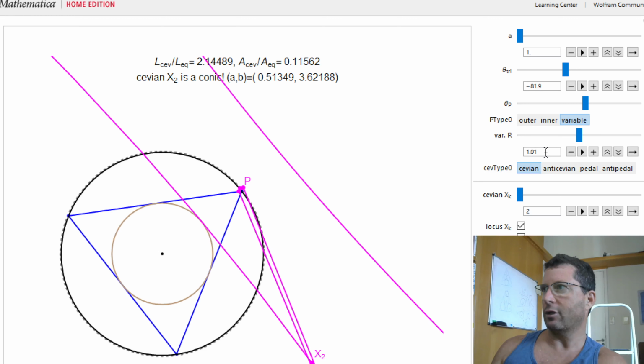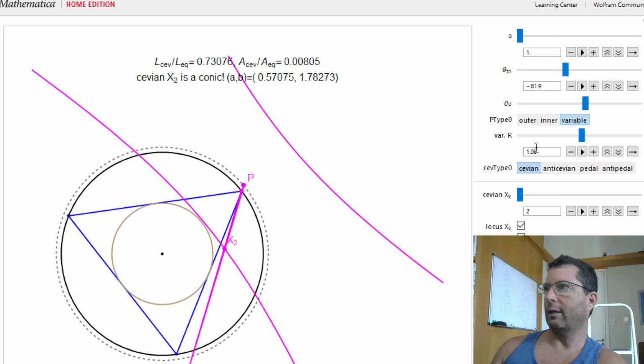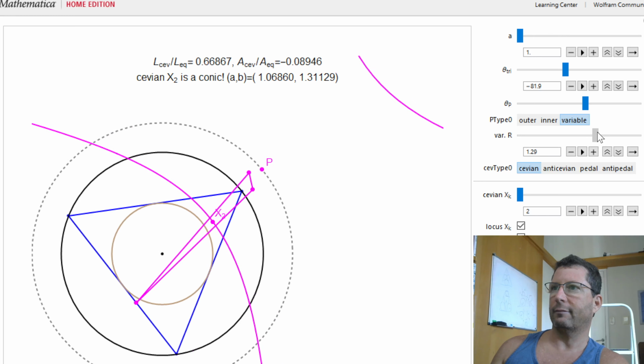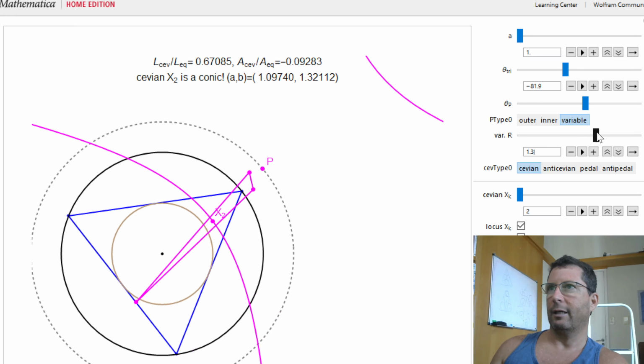If I nudge P further out, to say 1.05, where 1 is the circumradius, you can see that a phenomenon is starting to become more clear. This is a conic, which is obviously a hyperbola.